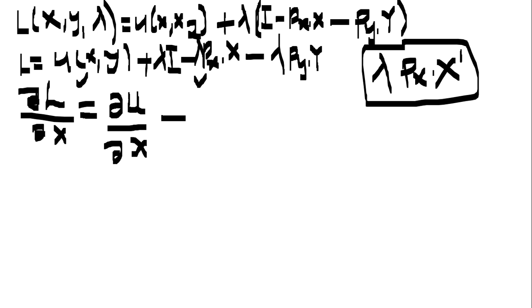So we have managed to set up the function, and now we are trying to get the partials. We've opened the brackets here, and now we are saying let's get the partial derivatives with respect to x first, and then we're going to do the same for y and the same for lambda.